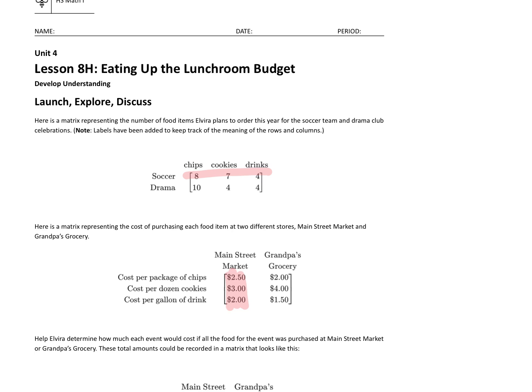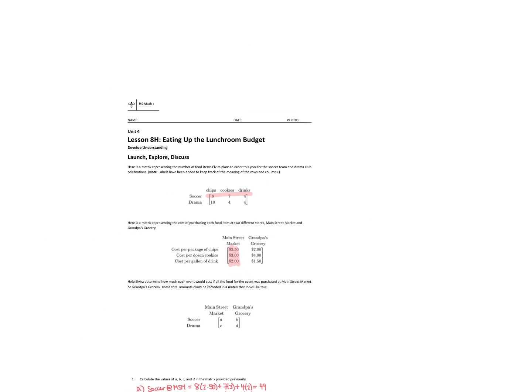And then we did it again. We multiplied this row for soccer times this column for Grandpa's Groceries to get the total needed for soccer at Grandpa's Groceries. And then we did it 2 more times to find our total cost for drama at the 2 markets. Okay, so that's how we found our totals.